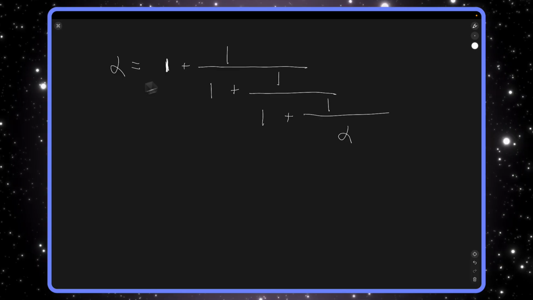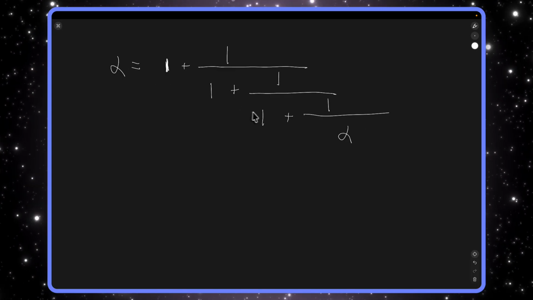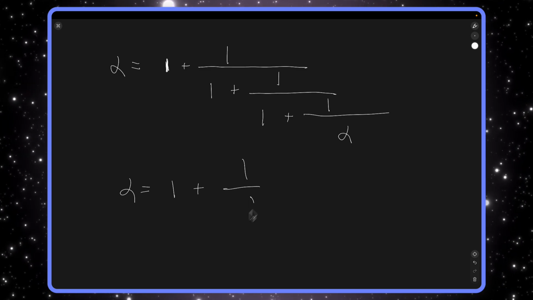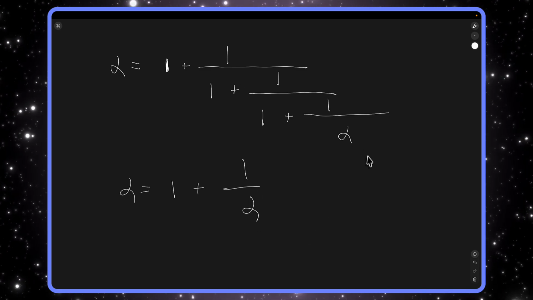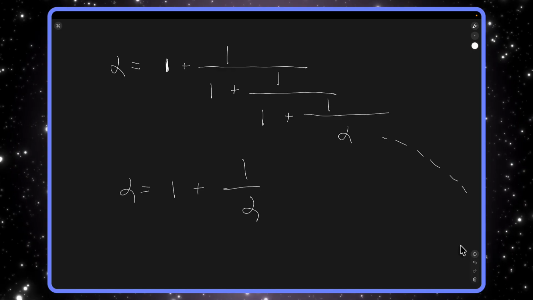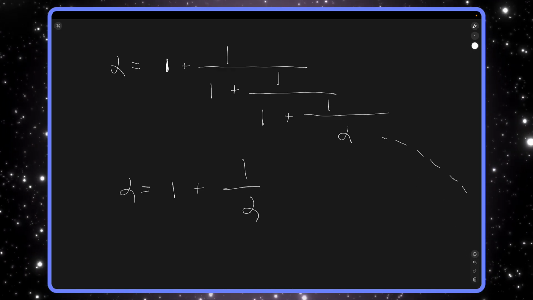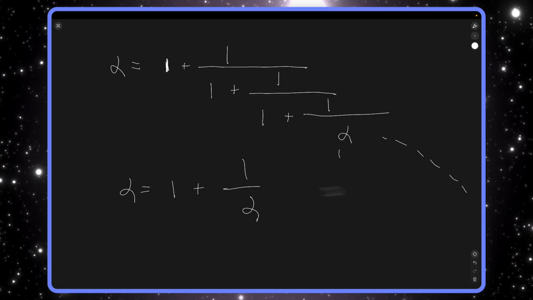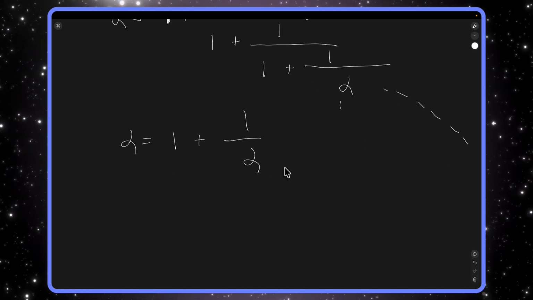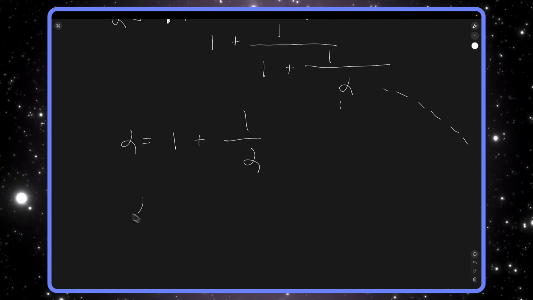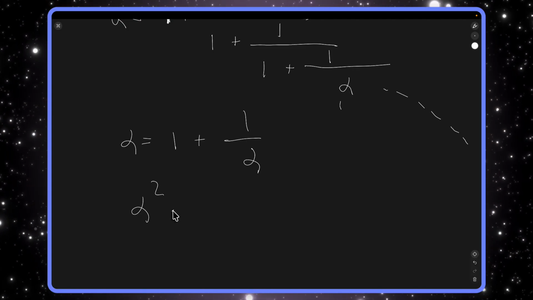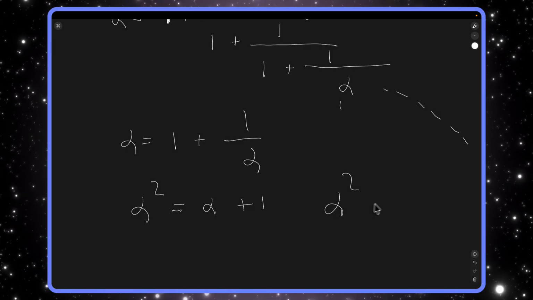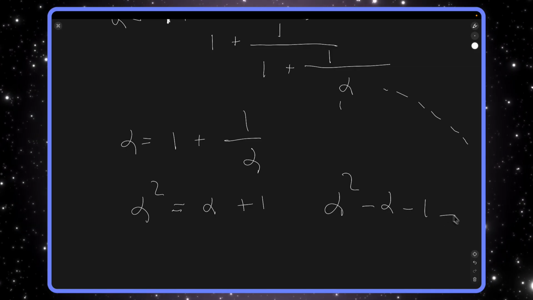The idea is that if you look at this equation, I can rewrite it as alpha equals 1 plus 1 over alpha as well. In other words, this could go on forever, and you think of it as a continued fraction. If you try to solve this, you get this equation: alpha squared equals alpha plus 1, or alpha squared minus alpha minus 1 equals 0.